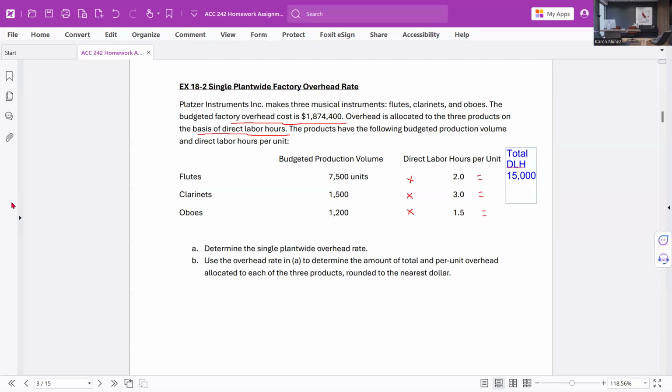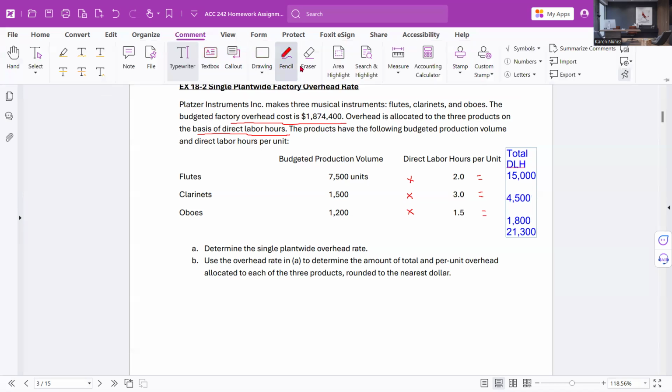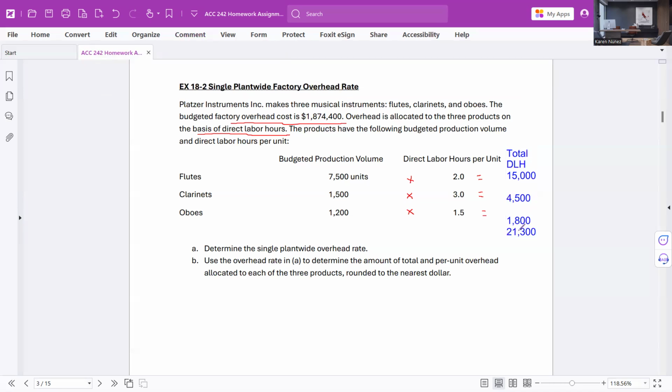And 1,500 units times 3 hours is 4,500. And finally, 1,200 oboes times 1.5 hours is 1,800 hours. Put it all together, and we've got a total of 21,300 hours. That's our total. So if I could, again, go back to my little pencil mode here, this is total hours.